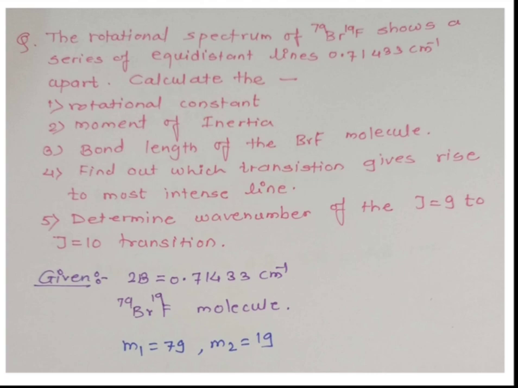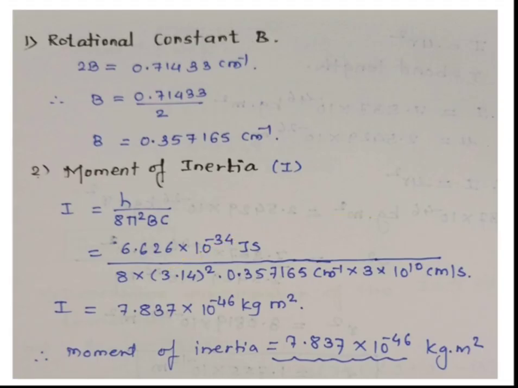That is the given thing here. And from this we have to calculate B. So just divide the given value by 2. We will get the value of B as 0.357165 per centimeter. You have to write all the digits here. So I have written all.